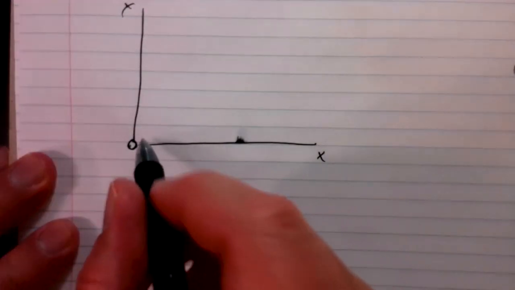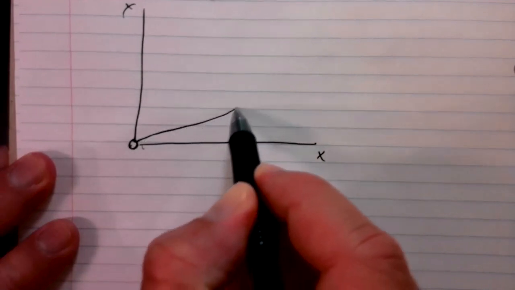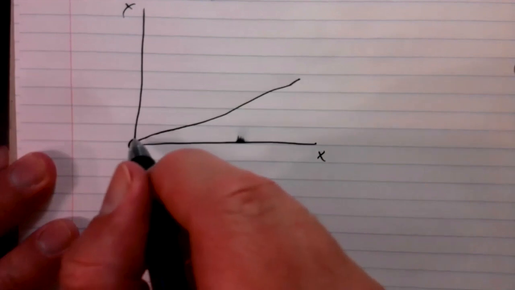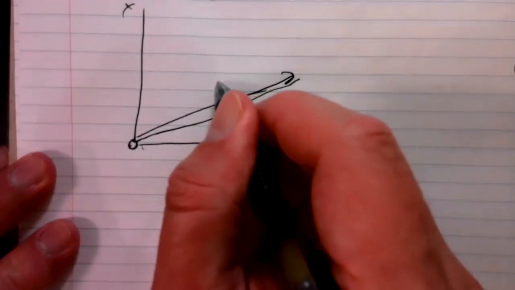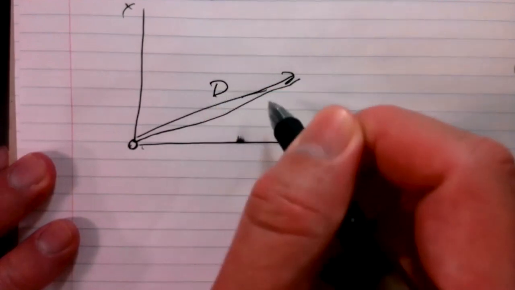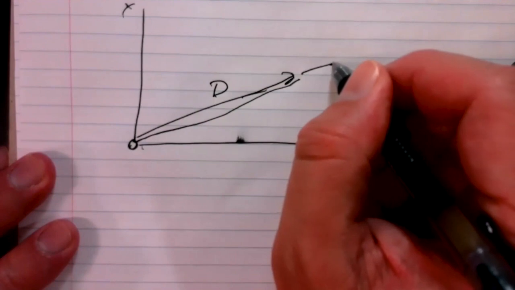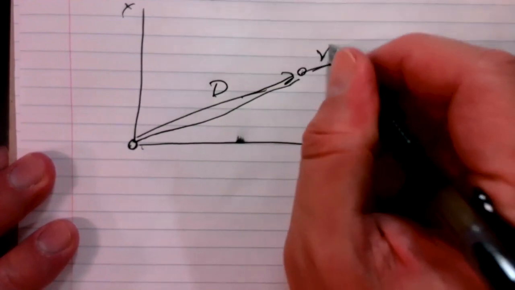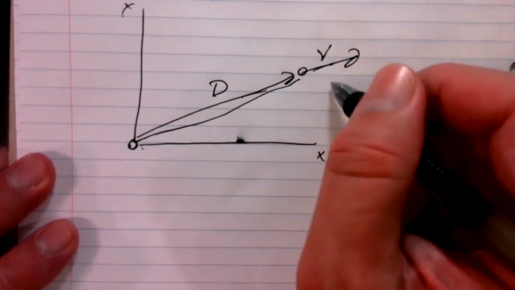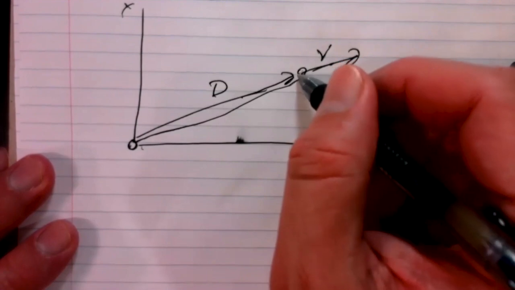Then, if we start off here, moving, say, in this direction, then our displacement vector is going to be going in this direction, and our velocity vector is also going to be in that direction. Okay, so velocity would be going this way, and then our displacement would be this way.